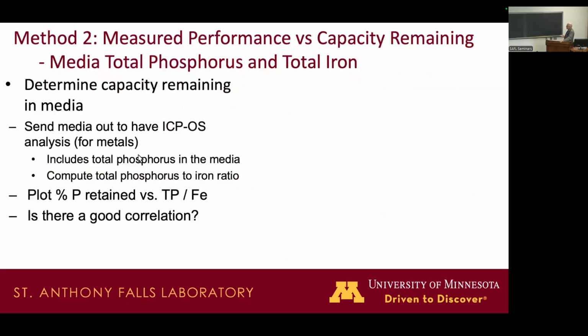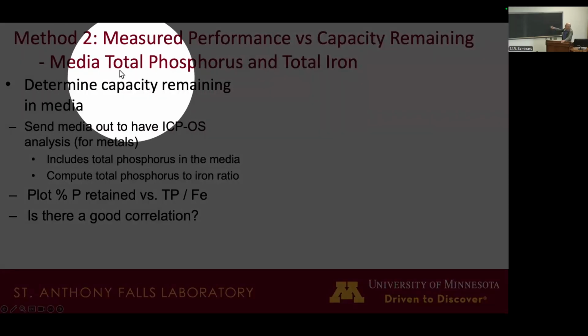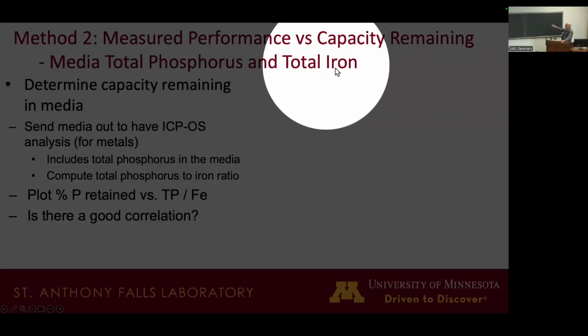So method two, let's talk about method two. We tried lots of different things with this, so we want to provide tools to work with, to analyze your IESF, your iron enhanced sand filter. And we took the measured performance versus the capacity remaining. This is part of method two. And method two was we measured the total media, total phosphorus and total iron concentrations.